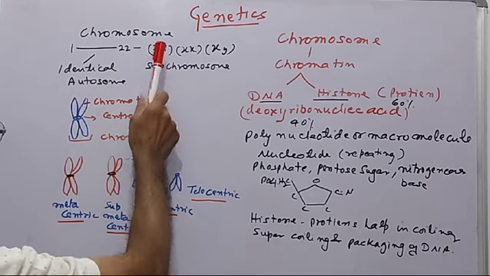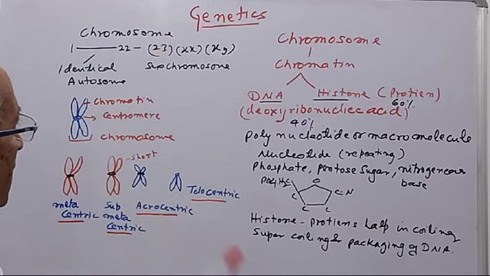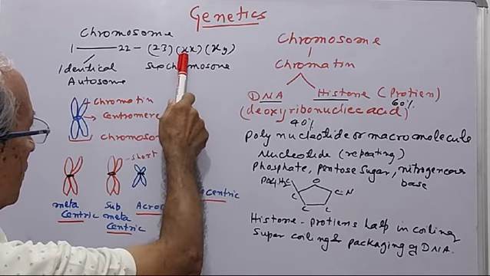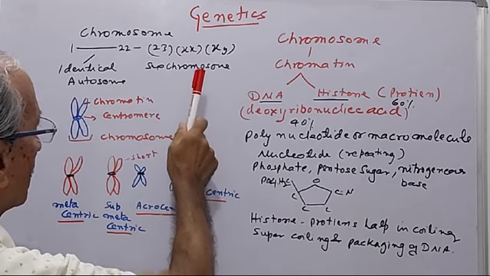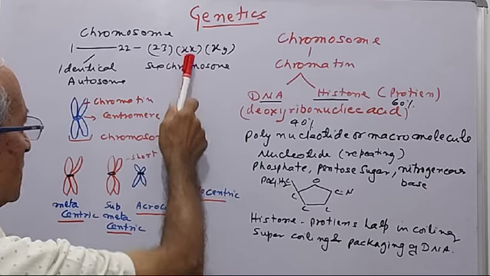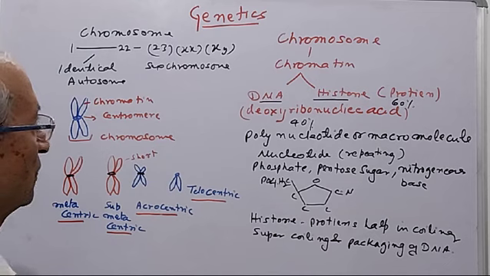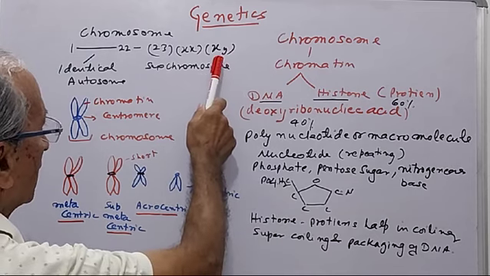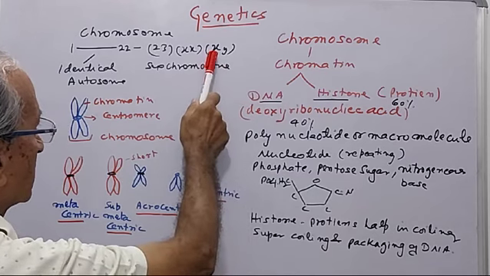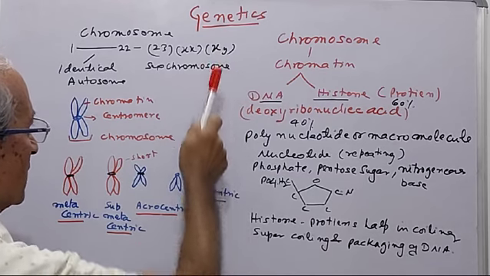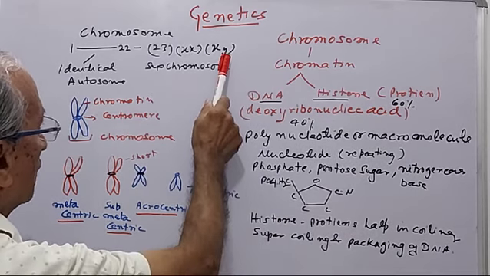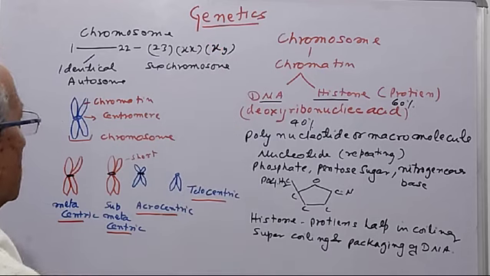And the last one, that is the 23rd pair, is the sex chromosome, in which if both chromosomes are identical they are denoted by X X, this is in the case of females. But if these chromosomes are not similar, they are denoted by X and Y, that is the male sex chromosome. Here Y is smaller than X.